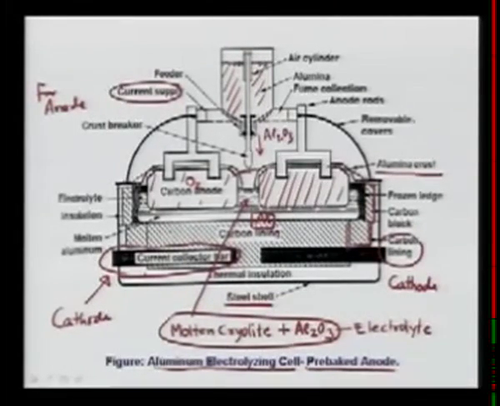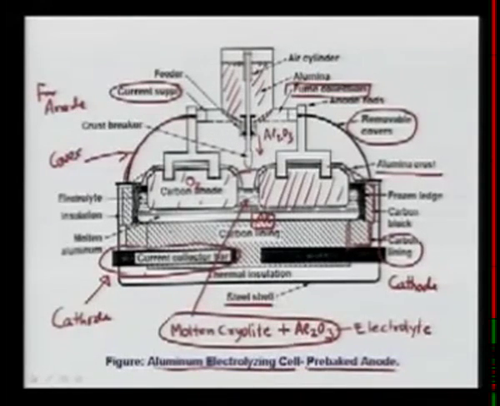And then the whole thing is covered by the hoods, see here. And this is also my cover. In fact, this cover can be removed, because we need to do some operation in here, then we can remove the covers. The other thing you see here is the fume collection system.